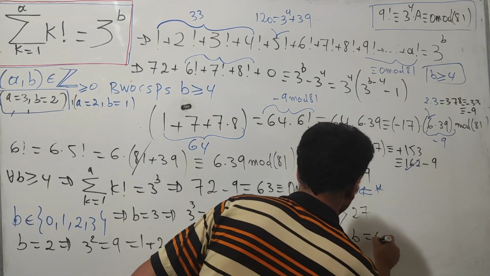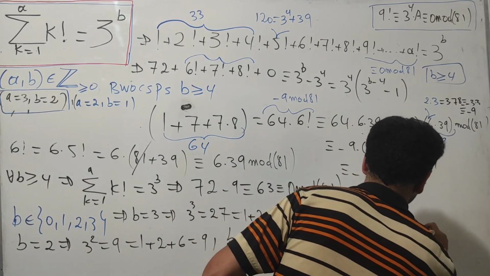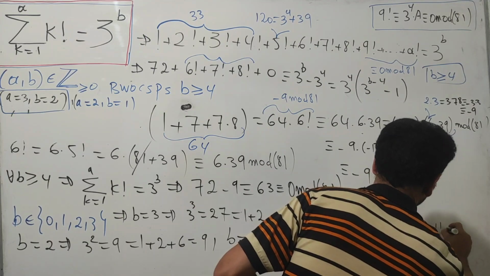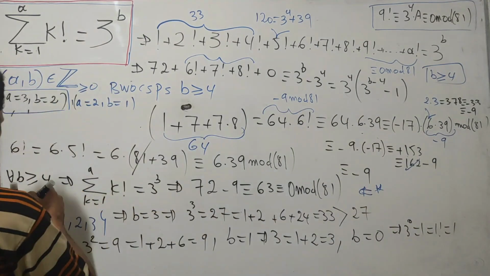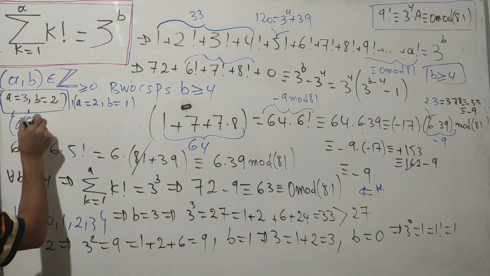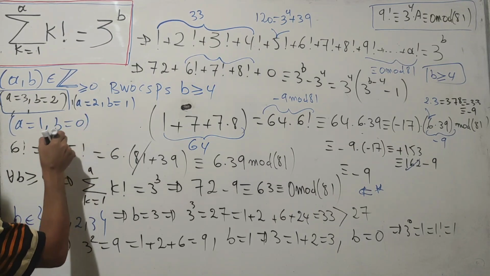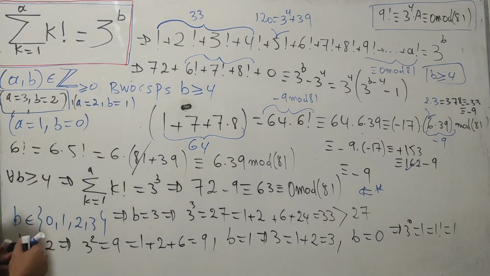If b equals 0, I get 3 to the 0, which is 1, which equals 1 factorial, which is 1. So we get the last solution, which is a equals 1, we have one term, and b equals 0. So we found 3 solutions for this equation. So I have done this problem.